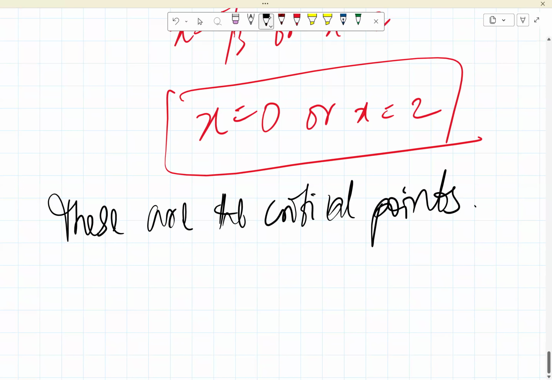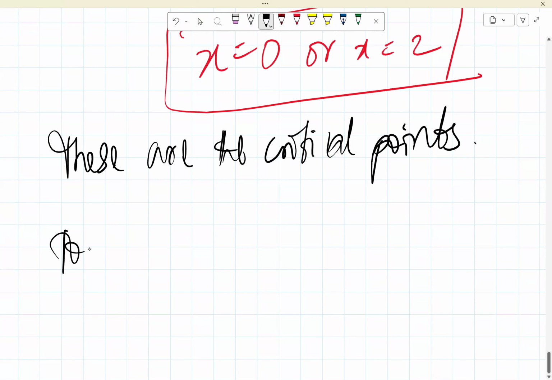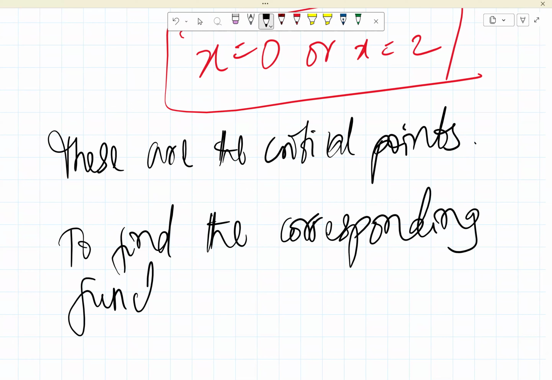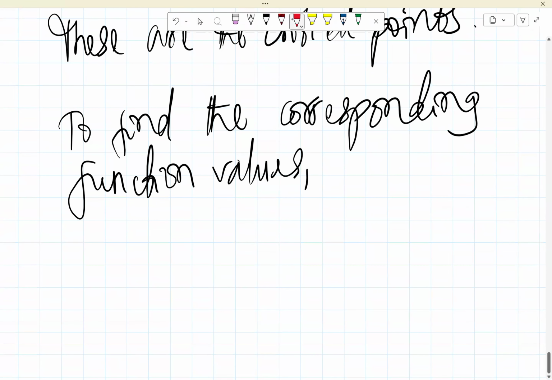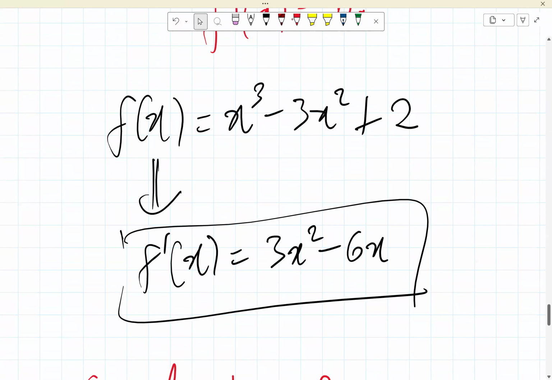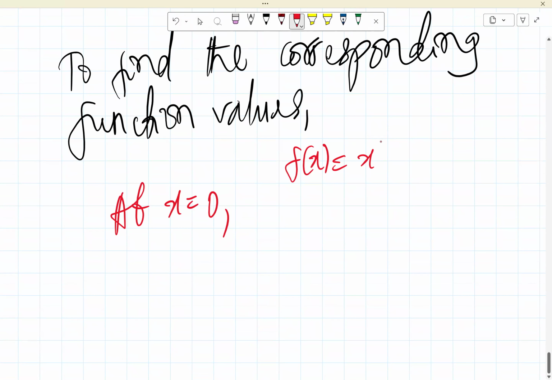So to find the corresponding function values, at x equals 0, we can recall the original function is f of x equals x cubed minus 3x squared plus 2.